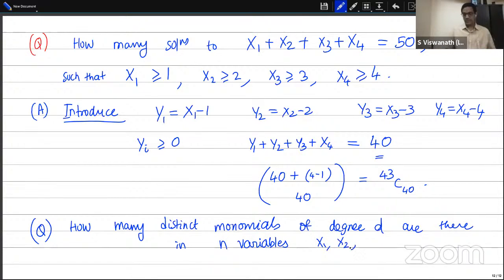So if I construct polynomials in n variables, let's say I have x1, x2, x3 like that till xn, and I look at all possible monomials. A monomial is just of the form x1 raised to some power, x2 raised to some power, and so on. Now the question is, how many distinct monomials of degree d are there in n variables?